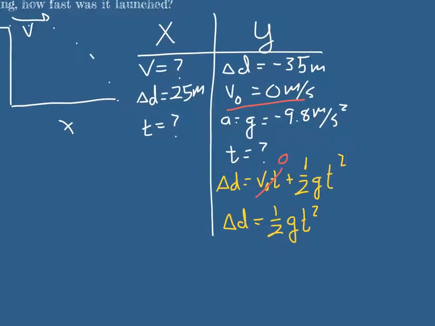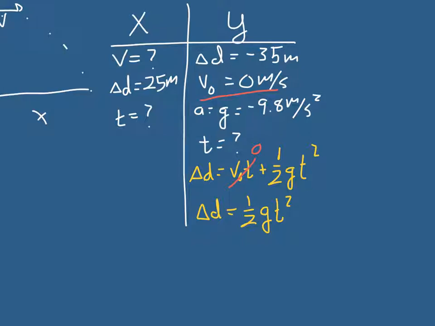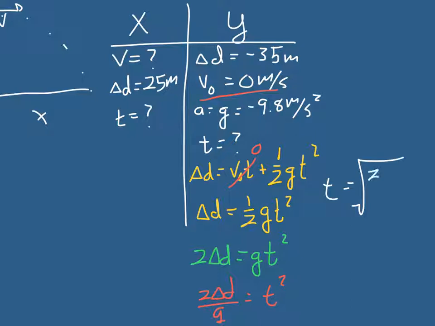If I'm solving for time, then I need to multiply both sides by 2. That gives me 2 times delta d equals gt squared. Then I divide both sides by g to get 2 delta d divided by g equals t squared. So my time is the square root of 2 times my displacement divided by acceleration due to gravity.